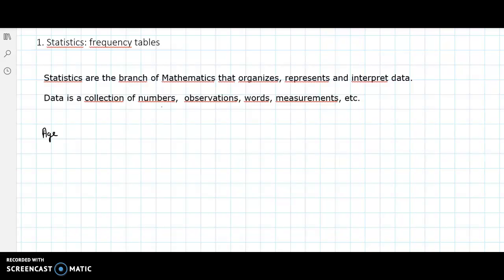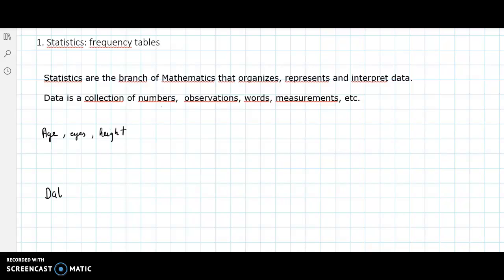So that's data. If I ask you your height, that's a number. And that's also a measurement. So there are plenty of examples.